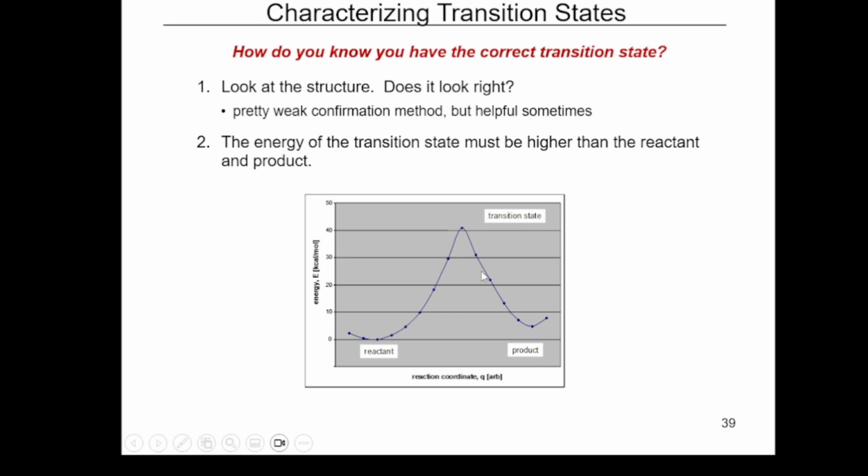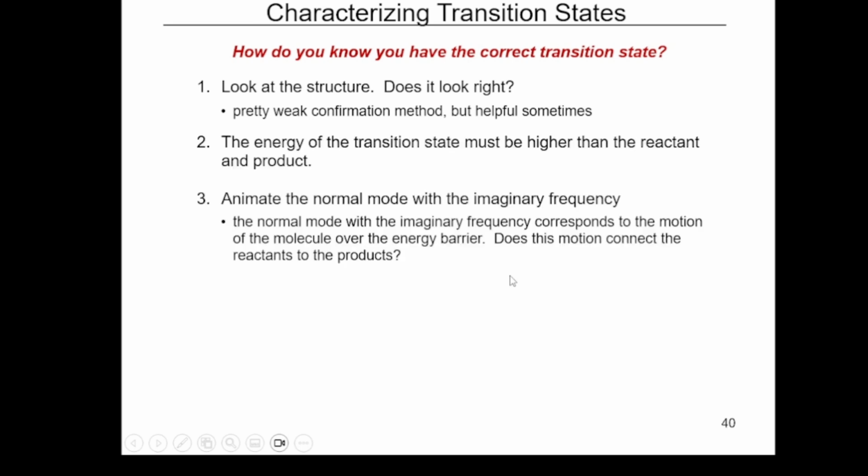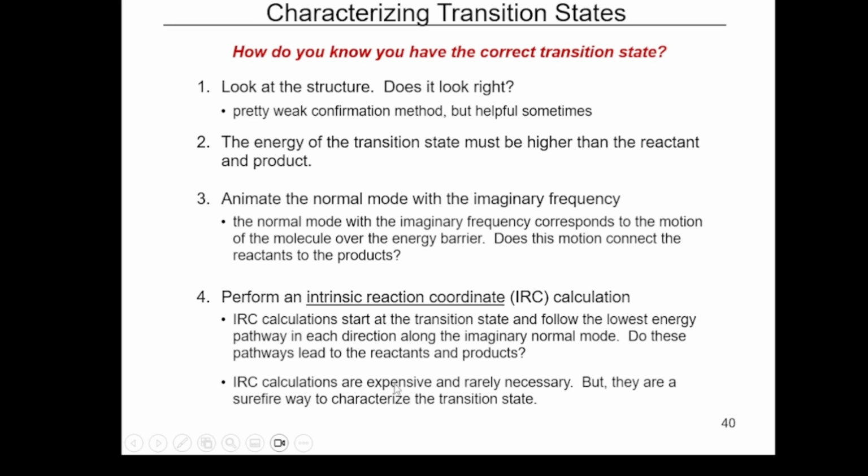And if you happen to get the same structures of reactants and products that you have for your reaction, then definitely the structure of the transition state is the right one. But if you happen to get some other reactants or products than what you have in your mind or in your hand, then probably you got the wrong transition state. IRC calculations are expensive and rarely necessary, but they are a surefire way to characterize the transition state.